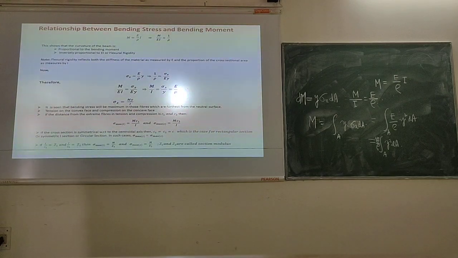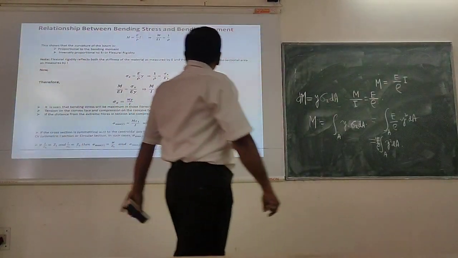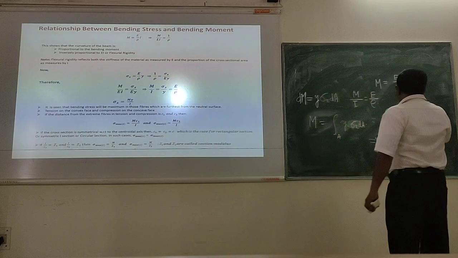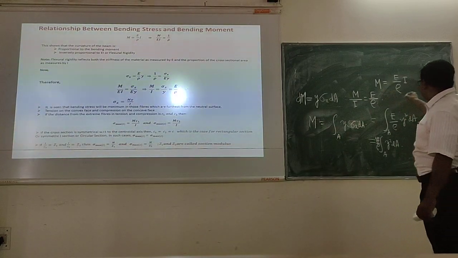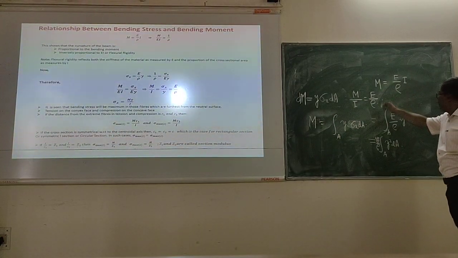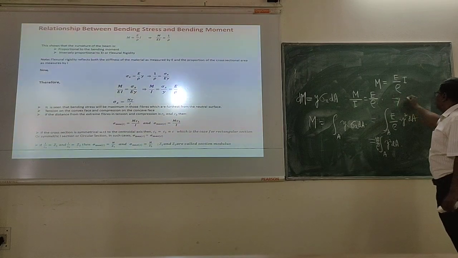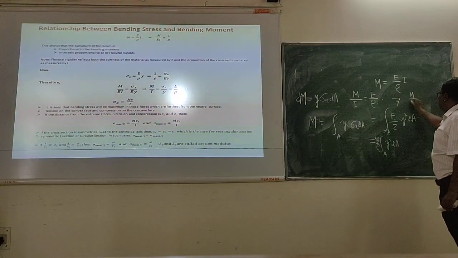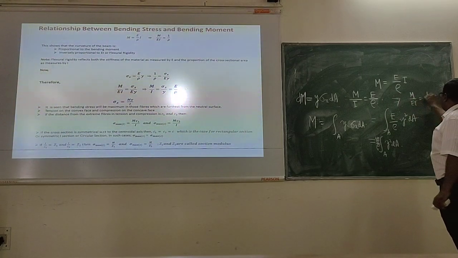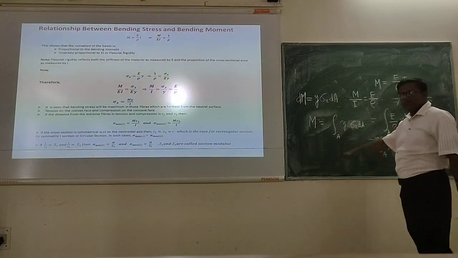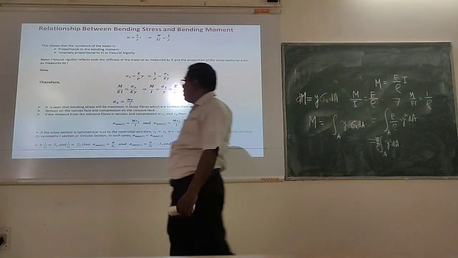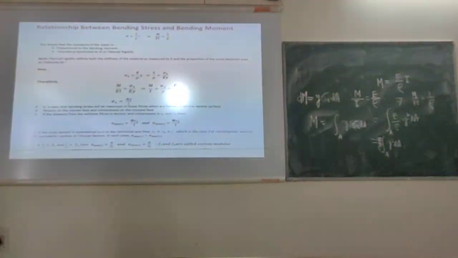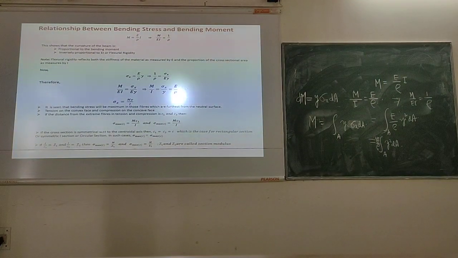Now let's see what different kinds of relationships we can establish from this. M is equal to E by rho into I. If I write this equation in a different way, it becomes M by EI is equal to 1 by rho. What does it mean? M is the moment.